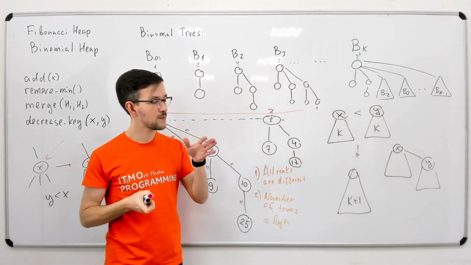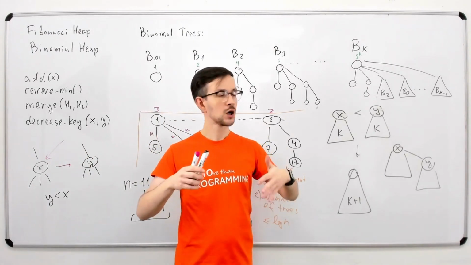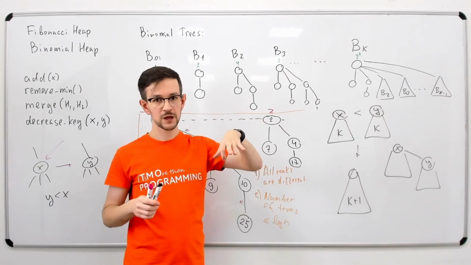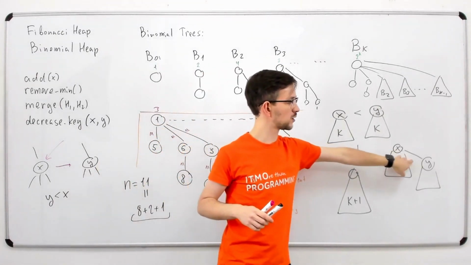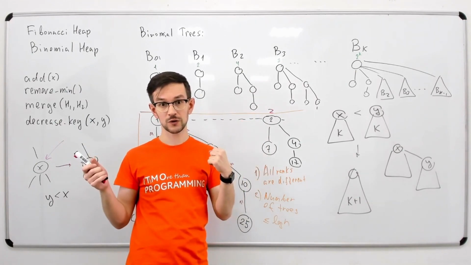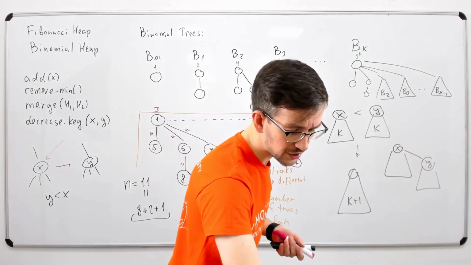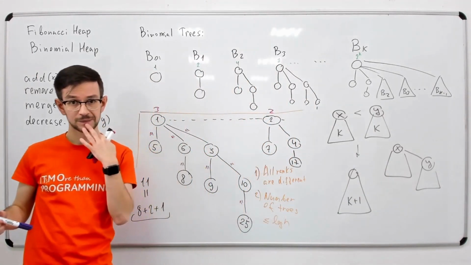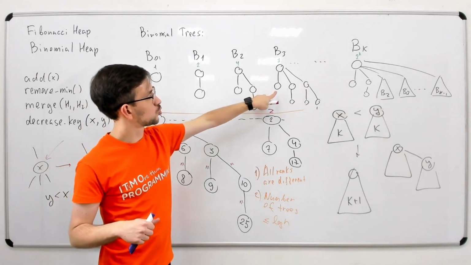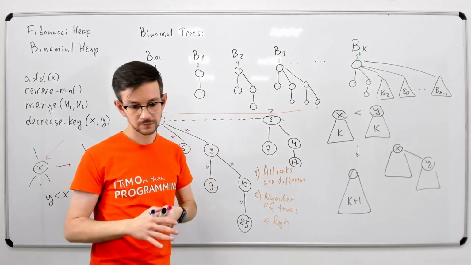If you want to be able to do this in constant time, you need some data structure which contains the children of each node in such a way that it's easy to add one more element to this list of children. And the easiest way to do this is just to use linked lists, like we did here. So what you can do is to maintain your children as a linked list.